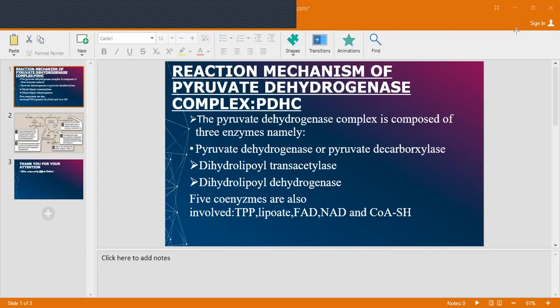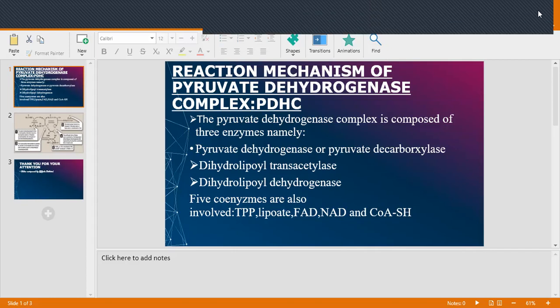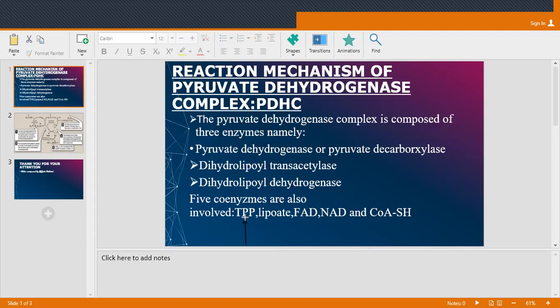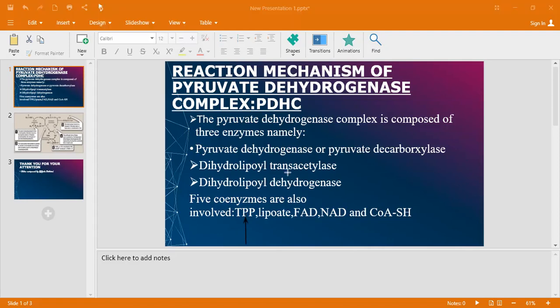So, how are these coenzymes linked to the enzymes? Like this. This thiamine pyrophosphate is the prosthetic group of pyruvate decarboxylase. The other name of pyruvate decarboxylase is pyruvate dehydrogenase. We will see why both names can work.